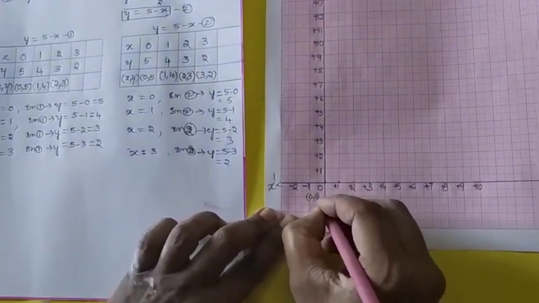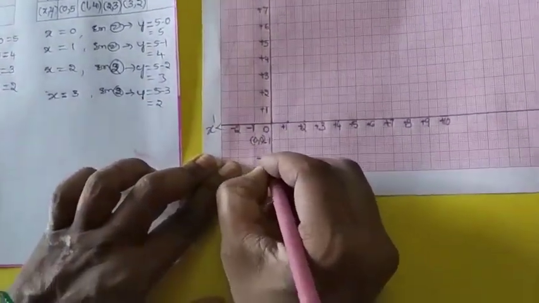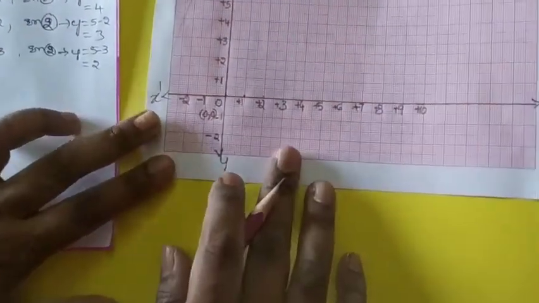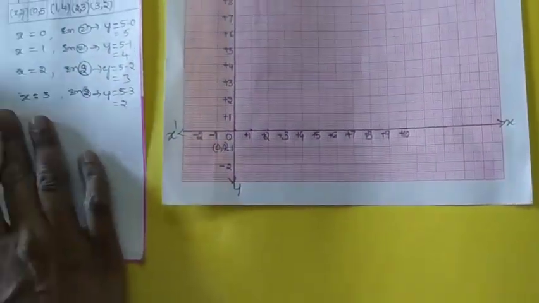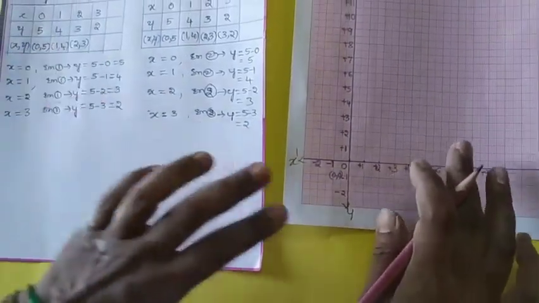Below x-axis is minus 1, minus 2, etc. Then we will represent these points in graph.